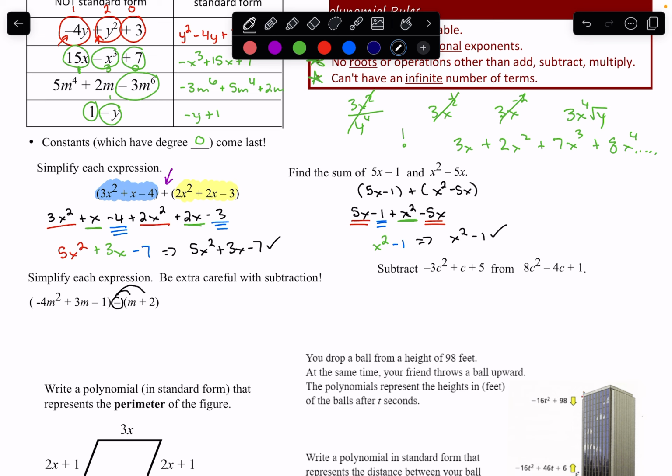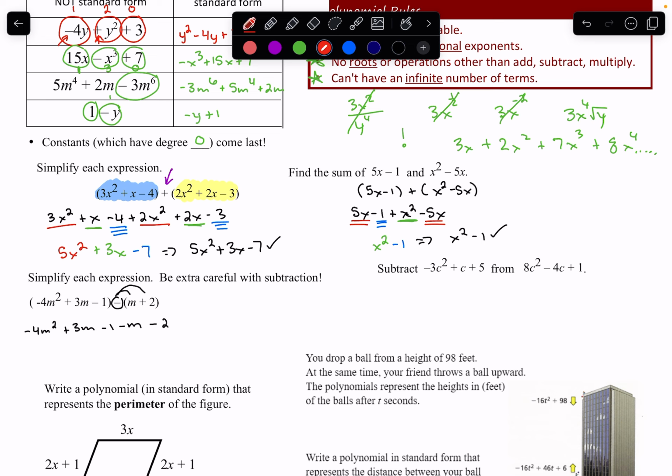The parenthesis in the front doesn't matter. This -4m squared is the same. This plus 3m is the same. This minus 1 is the same. But that negative gets multiplied by m, and instead of a positive m, that makes it a negative m. And then that negative gets multiplied by 2, which makes that -2.